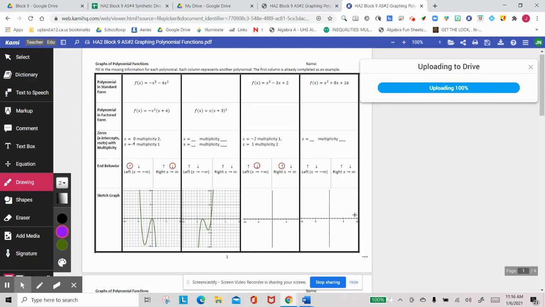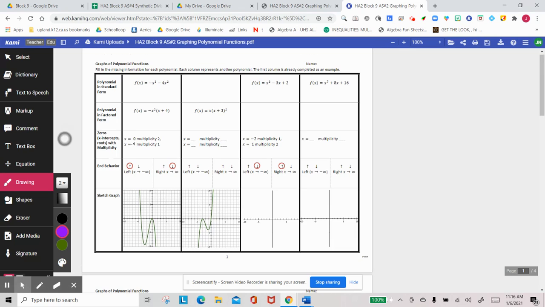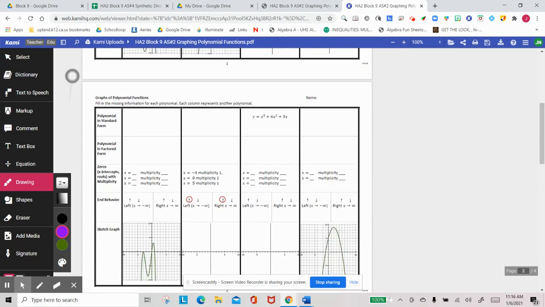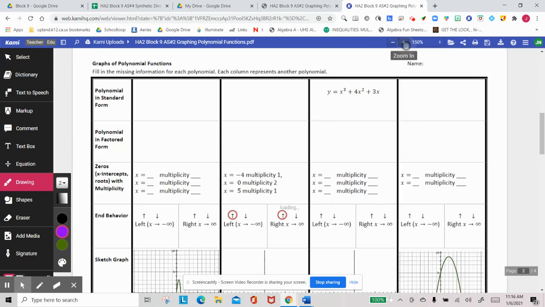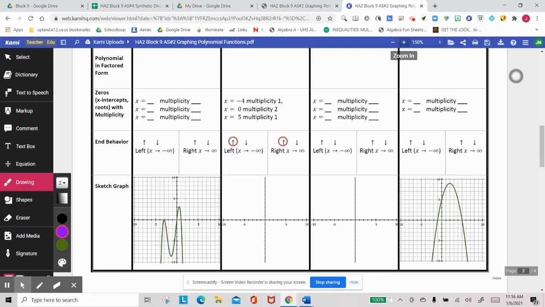All right, here we go. So again, this is negative, negative, and this is positive, negative.